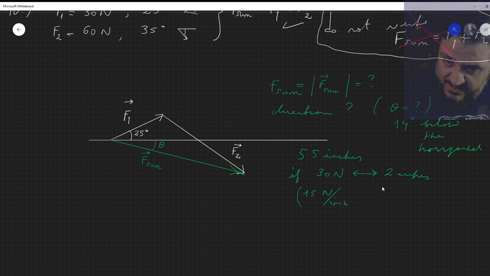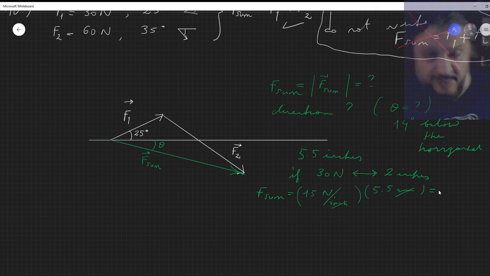So if you multiply this by 5.5 inches, you get the answer in what? In newtons. Alright, let's do it. 15 times 5.5, that is 82.5 newtons. Alright, that is the sum.